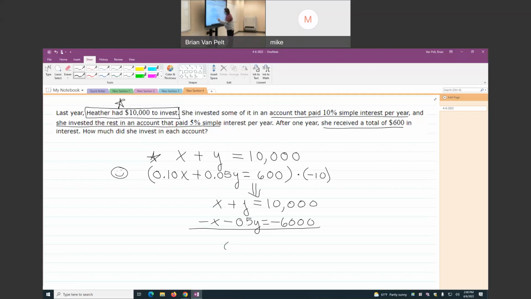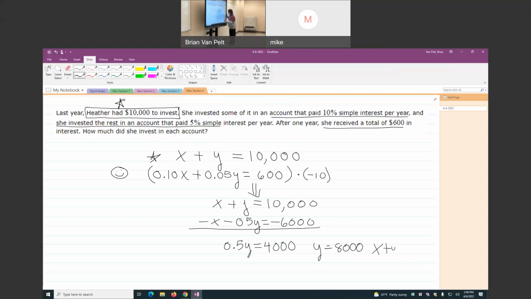So I'll get 0.5y equals 4,000. Divide by 0.5 or multiply by 2 to get y equals 8,000. We'll get X then. You can see it's 2,000, right?